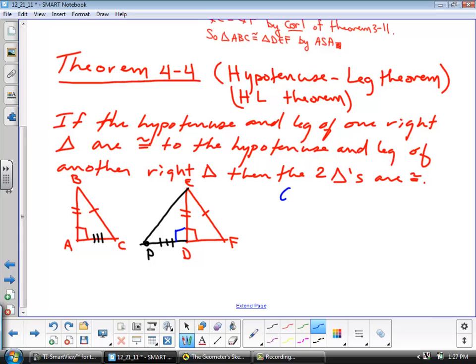Our given information is the parts marked on the diagram are congruent. What we want to prove here is that triangle ABC is congruent to triangle DEF.